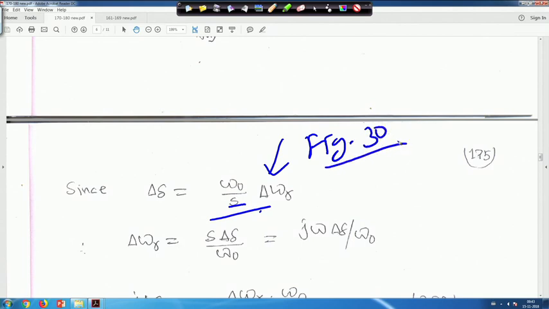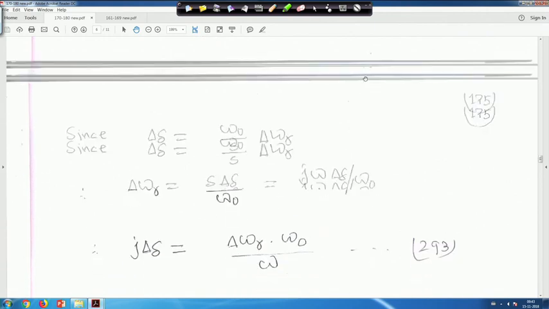Now we can write delta omega r is equal to s delta delta by omega 0, and here you substitute s equal to j omega. If you put s equal to j omega, delta omega will be j omega delta delta upon omega 0.